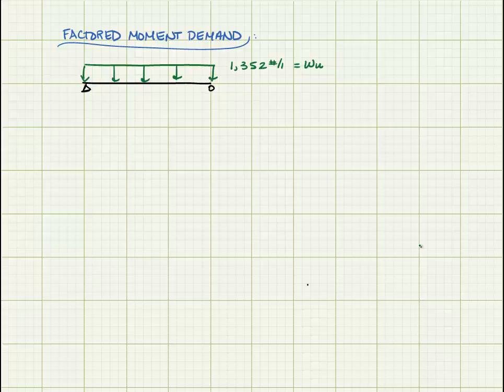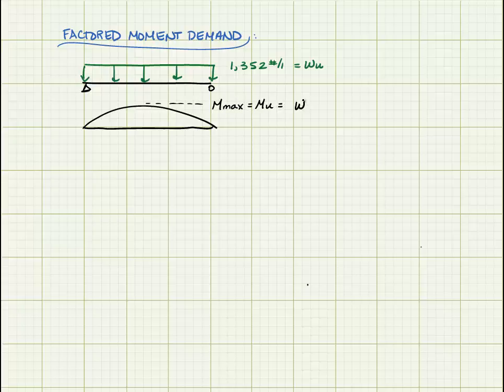That's my controlling distributed load after it's been factored. It's always good practice to sketch out the moment diagram. And when we start talking about shear, we'll also sketch out the shear diagram. The moment diagram for this particular loading on a simply supported beam is going to be parabolic.